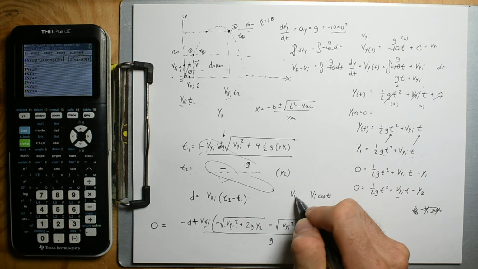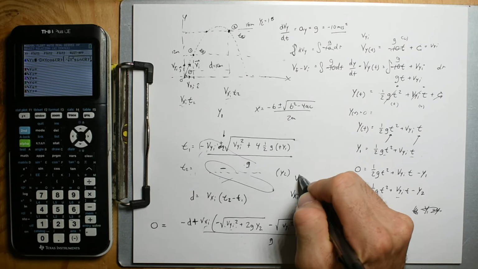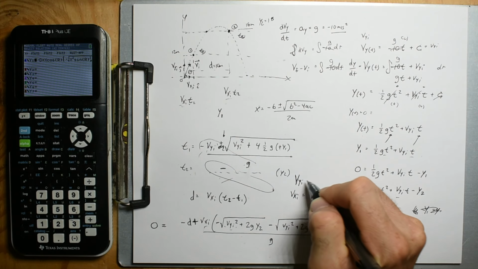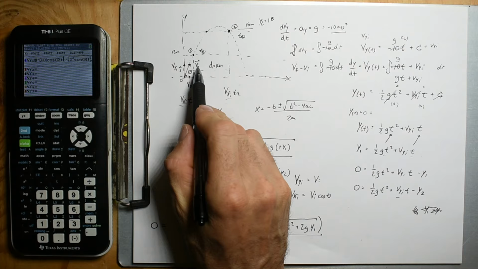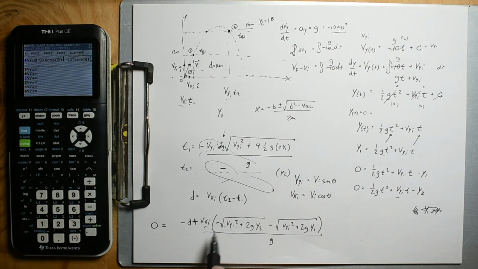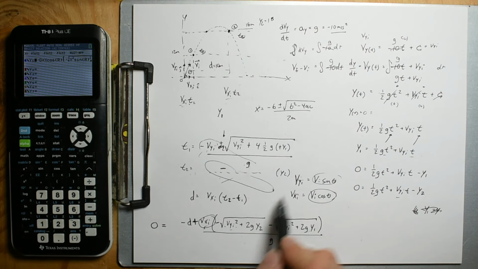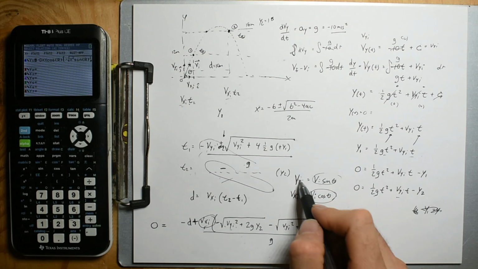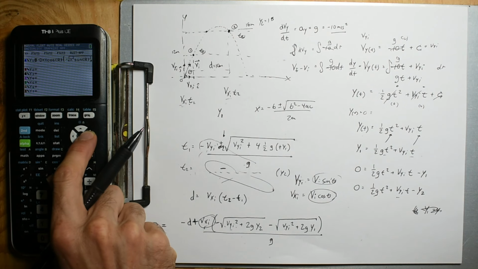That's vx initial. And vy initial is this initial velocity sine of theta. So I put this value in there, and this value in there and there, so we actually square this value. That's what I have in my calculator.